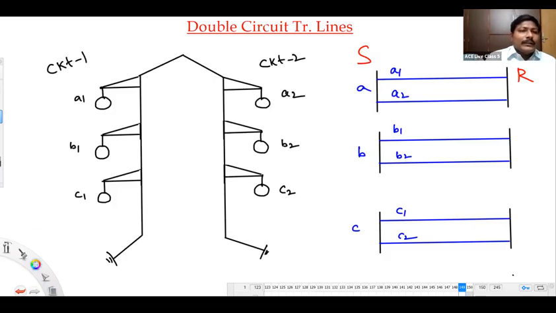I'll say in the next slide the properties. It's not bundle conductors. To have more amount of power transmission, two circuits are required, to increase the power transmission capacity.